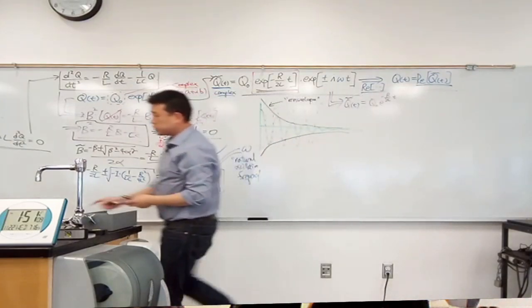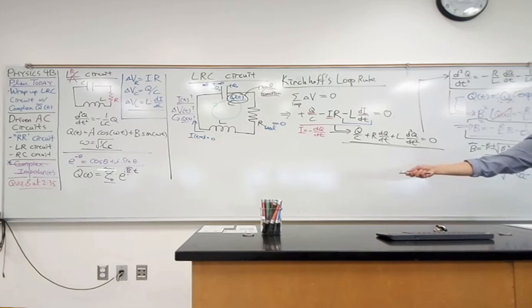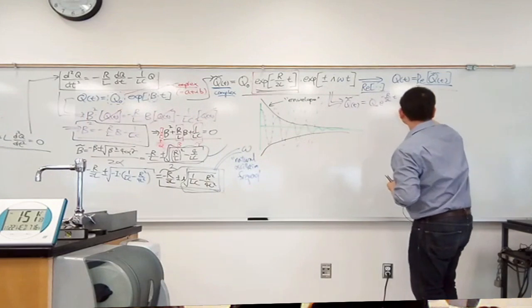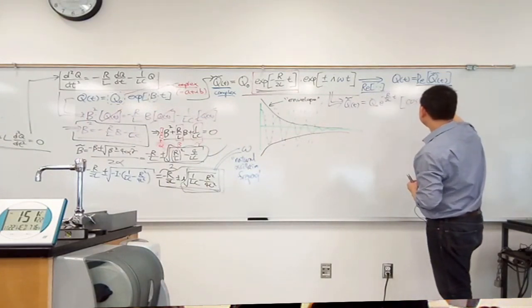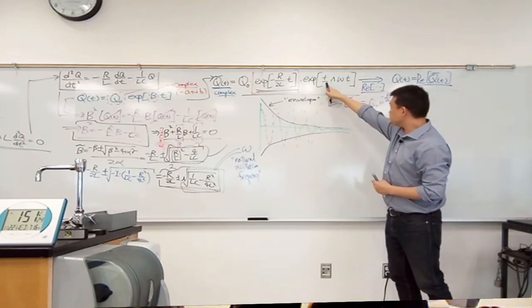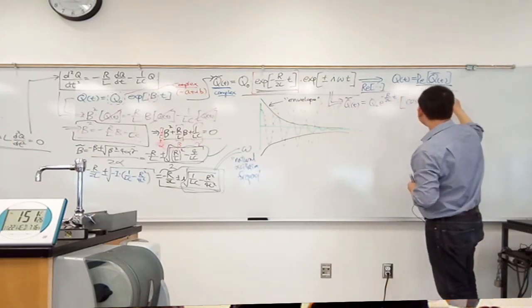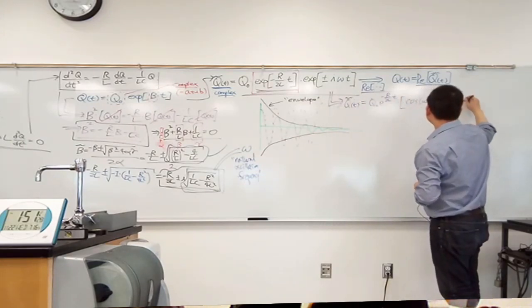I'm going to use Euler's formula to separate out the real part and imaginary part, and say that this is equal to cosine of omega t plus or minus i times the sine of omega t.